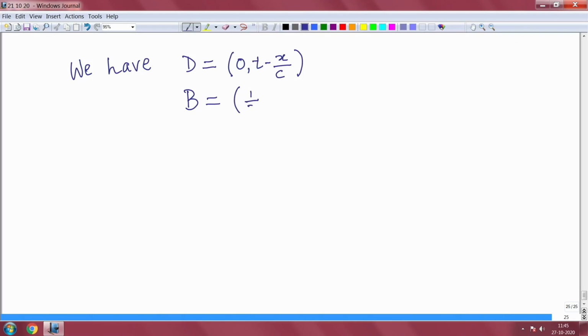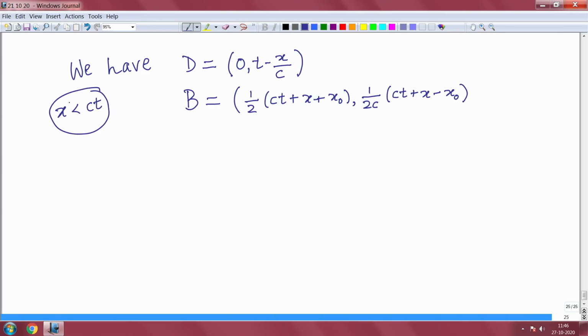You have to do some algebra here; I am skipping that algebra. B is (1/2)(ct + x + x_0), (1/2c)(ct + x - x_0). You have to remember x is less than ct.